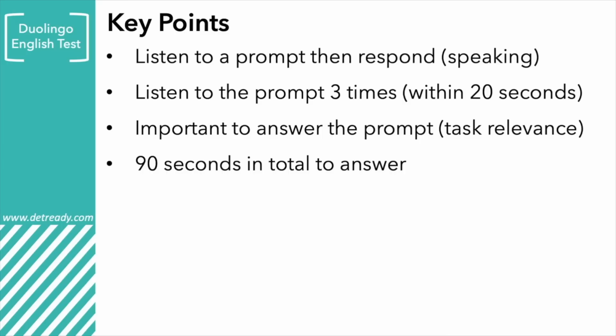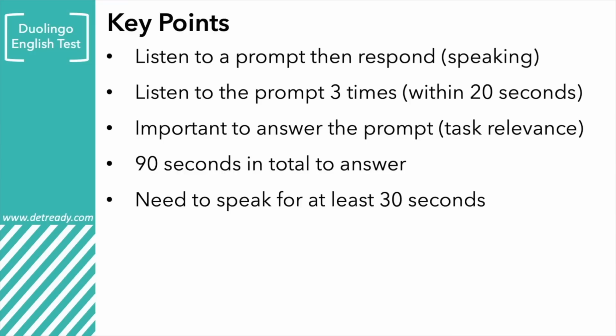So when you're answering, you have 90 seconds in total to answer, but importantly, you need to speak for at least 30 seconds. So the rule is that you should speak for at least 30 seconds. After 30 seconds, you can click on the next button to go to the next question. However, I recommend you try to speak much longer than that, at least for 60 seconds.